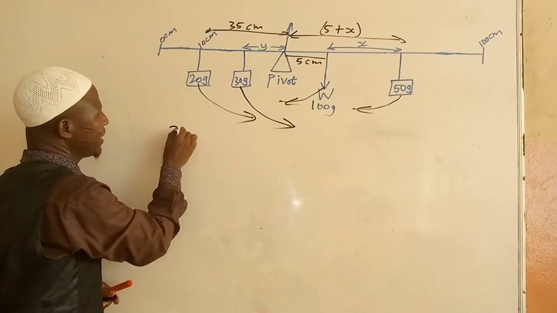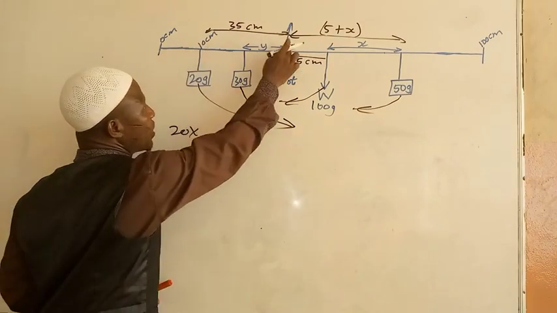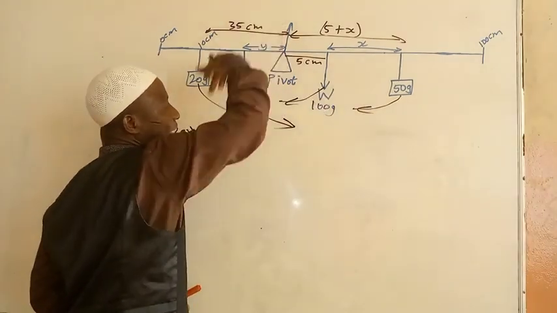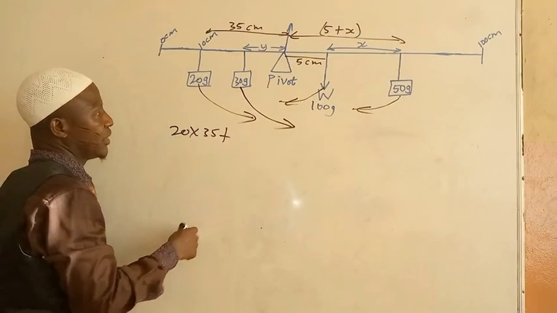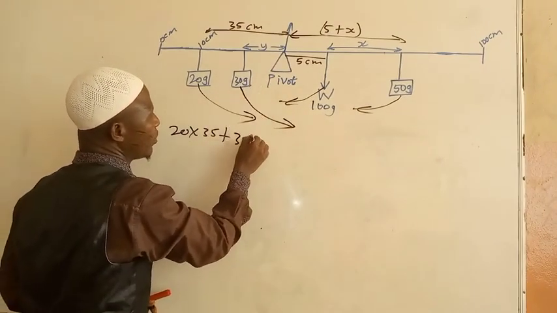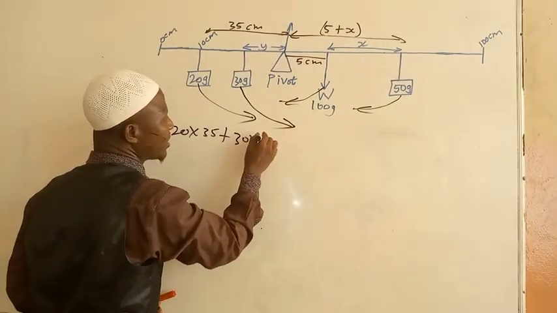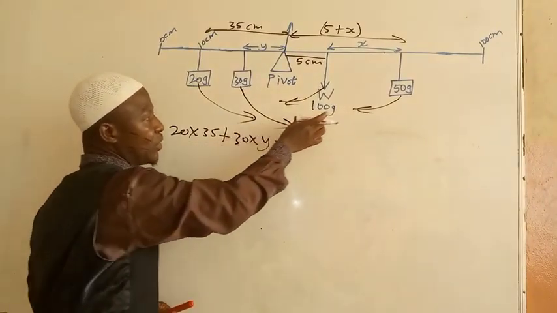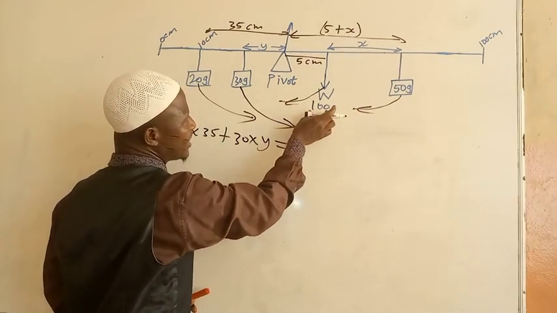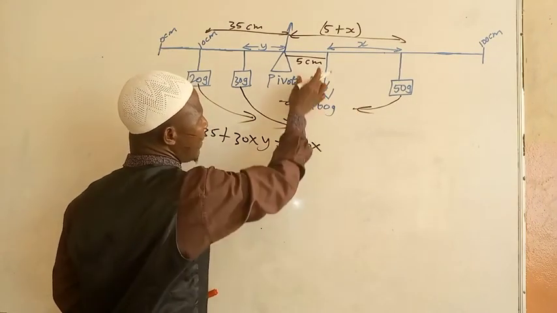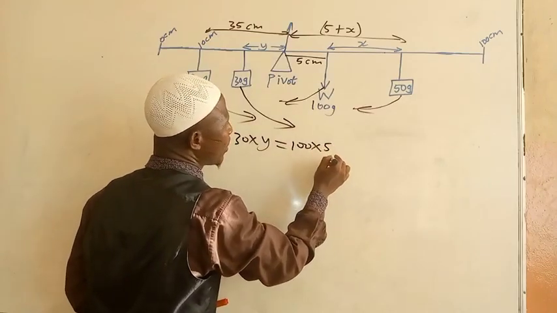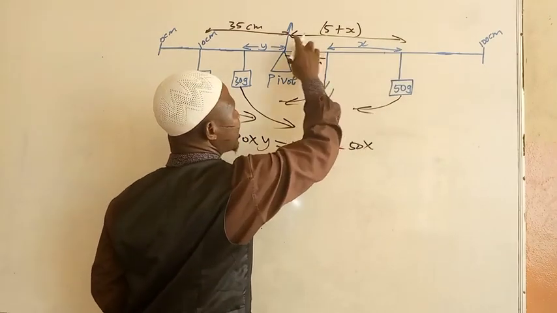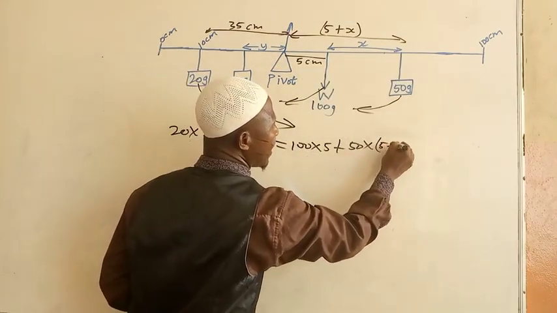This one, 20 multiplied by its perpendicular distance, 35, plus 30 multiplied by its perpendicular distance, which is y, are the anticlockwise moments, which must be equal to the clockwise: 100 multiplied by its distance 5, plus 50 multiplied by its distance, which is 5 plus x.